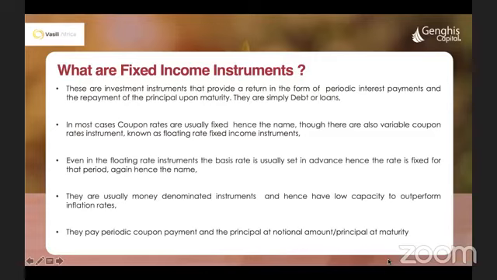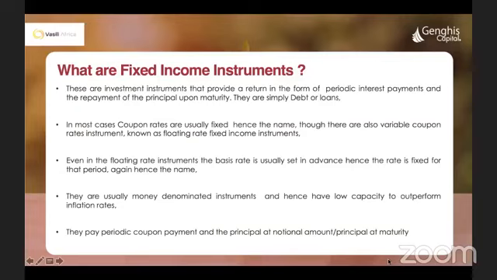So those are the basic sources of returns, the cash inflows, when you invest in a fixed income instrument. We call them fixed income because in most cases, the periodic coupon payment is usually fixed. Though of late, there are also variable coupon payment instruments in the fixed income space that attach levels of coupon payment to a specific instrument, which will determine how much you're supposed to be paid.